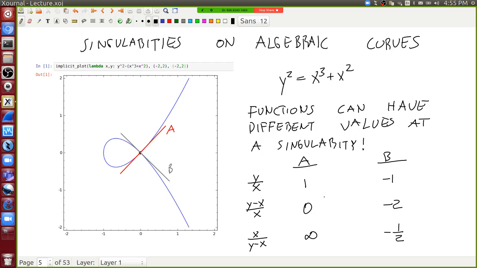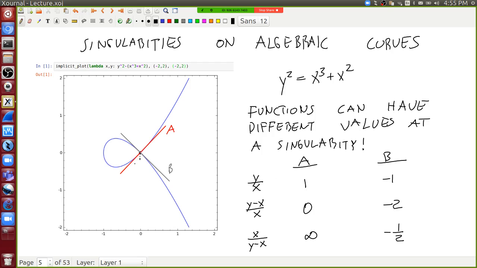Like y, where the singularity here is at 0, 0, the origin. So y over x is 0 over 0, and the way to look at this is to treat it as a removable singularity and look at its limiting value.